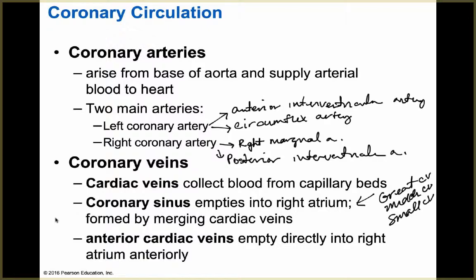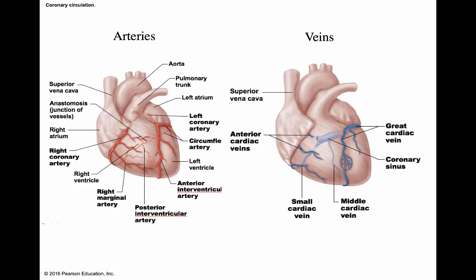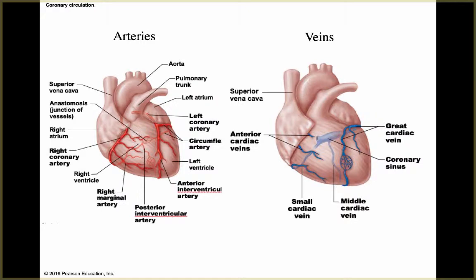And so let's look at these guys on the next picture. We can start here, and you can see the left coronary artery. This comes down here, and you'll notice it bifurcates right here.